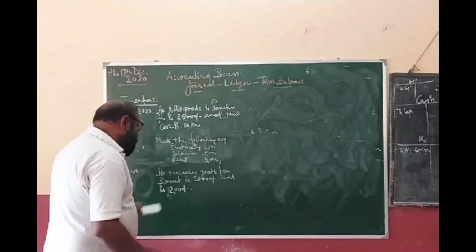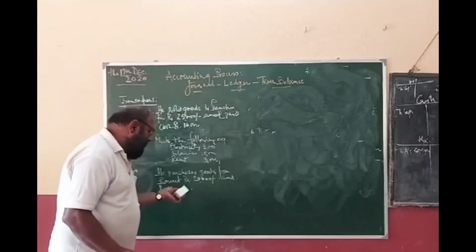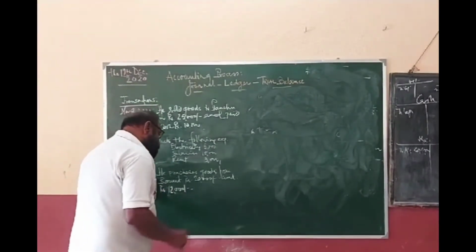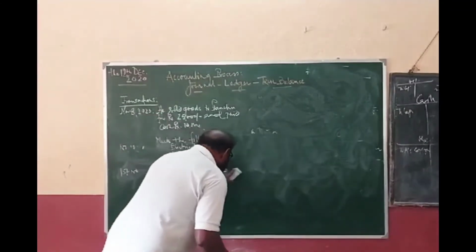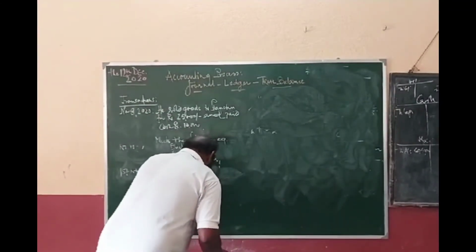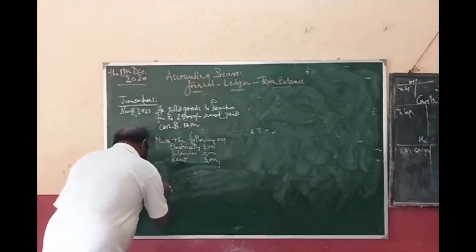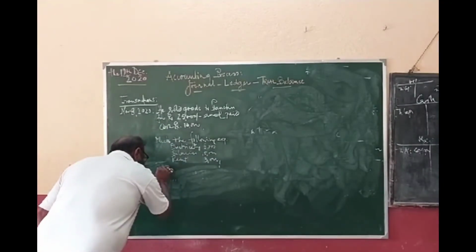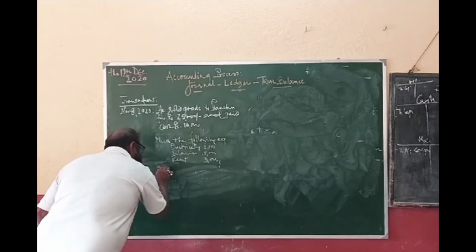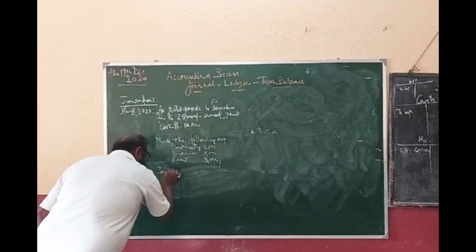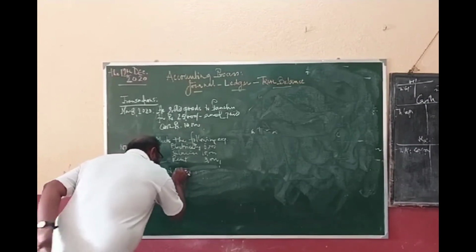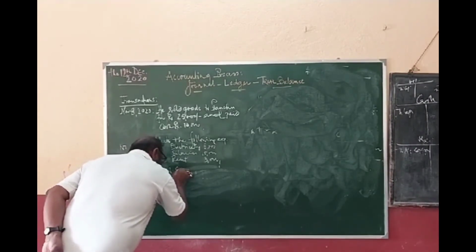We purchased goods from Romit for how much? For 20,000, okay? Then how much is left? 12,000, sorry, 12,000 has been paid, so 8,000 is left. Paid Romit.